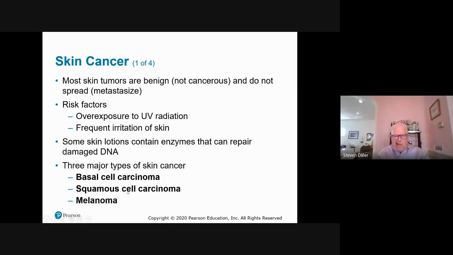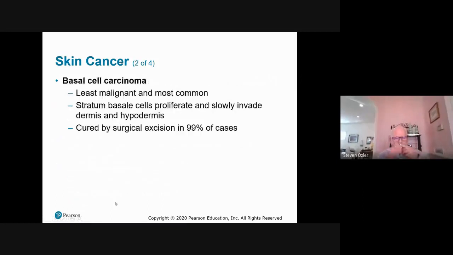Let's take the most common first. The least malignant and the most common is BCC, basal cell carcinoma. Basal cell, it's in the stratum basale. That's where all the cells are born.